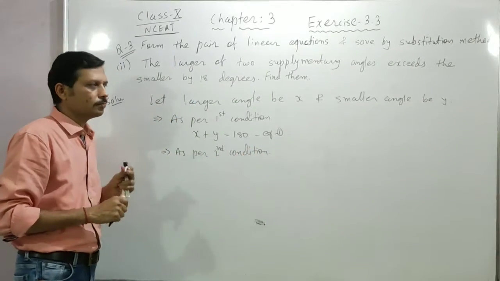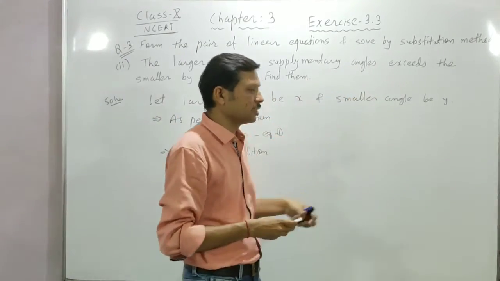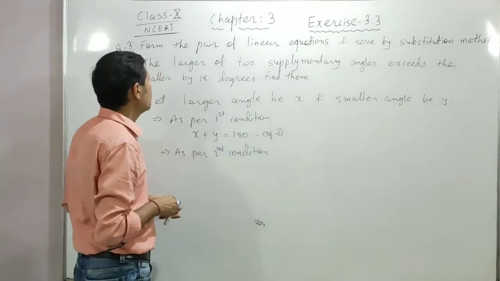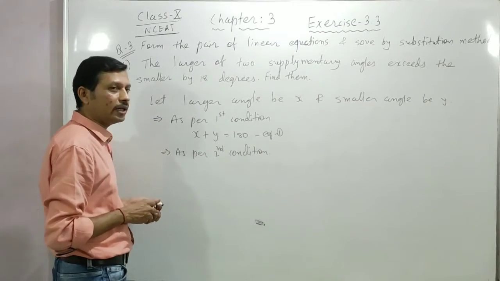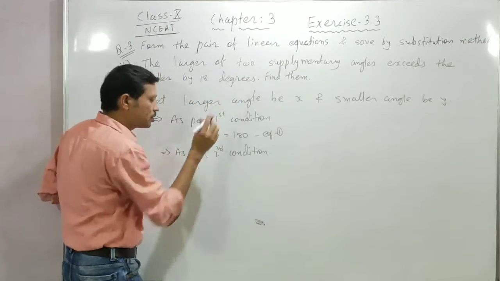What is the second condition? The larger of the two supplementary angles exceeds, that is, is greater than the smaller one by 18. So the larger supplementary angle, that is angle x, exceeds the smaller angle y by 18 degrees.